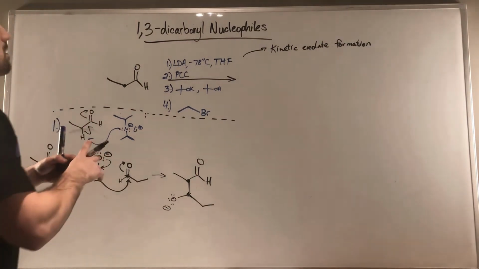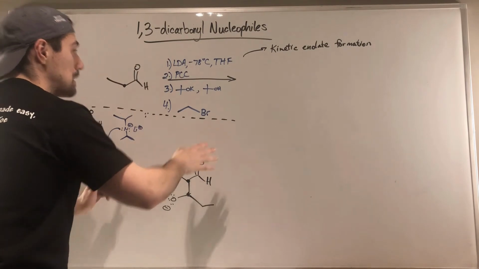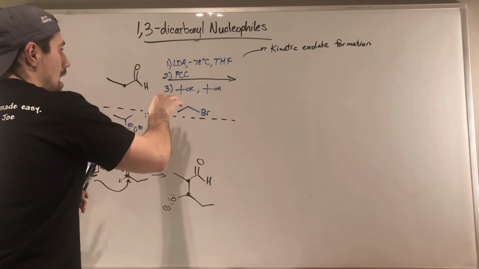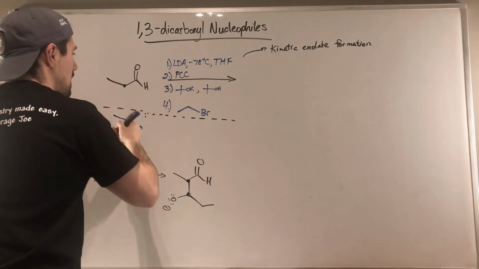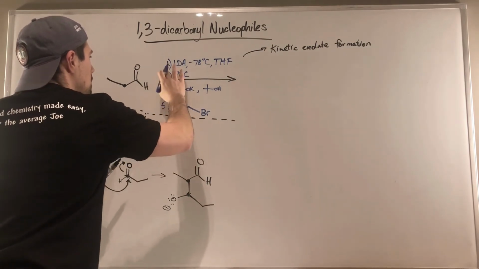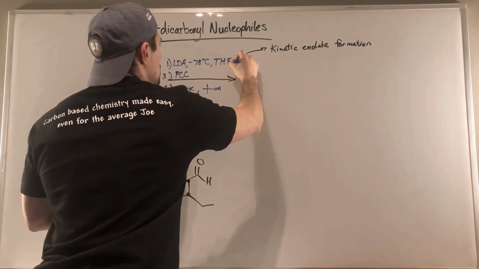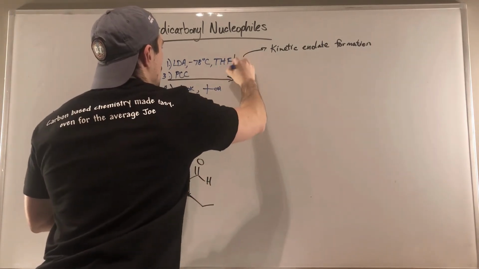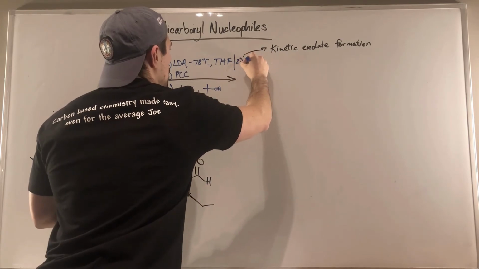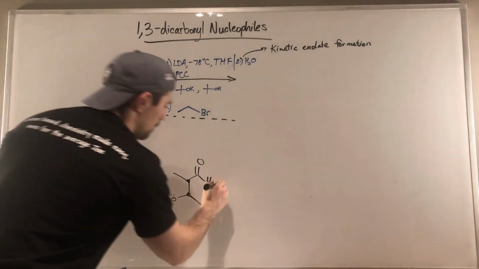So maybe this right here would be more explicit if, for example, let's say I made this 5, I made this 4, I made this 3, and then I put a 2, I put a line, and then second step of just water, for this part right here, this would be the workup.